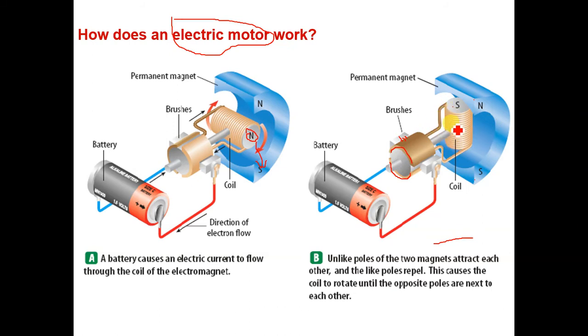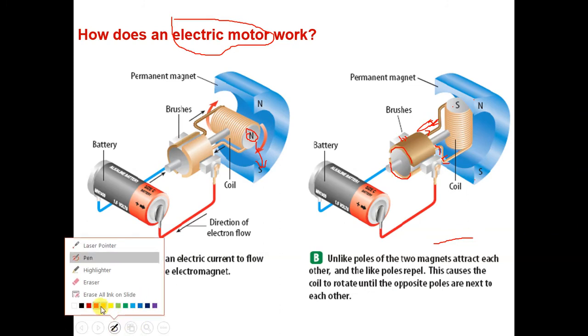To keep rotating because it's connected to the blades of my fan. Okay, so what is the role of this commutator now? When this makes a half rotation, it changes the direction of current. For example, if the current was moving from here to here, it will move in the opposite way. Then it will move from here to here, from bottom to top.